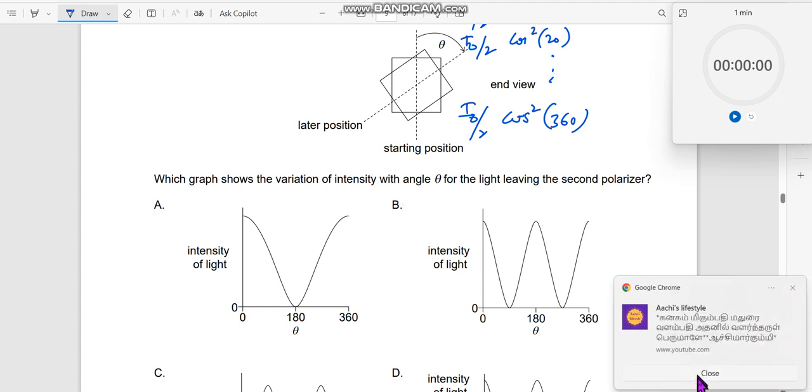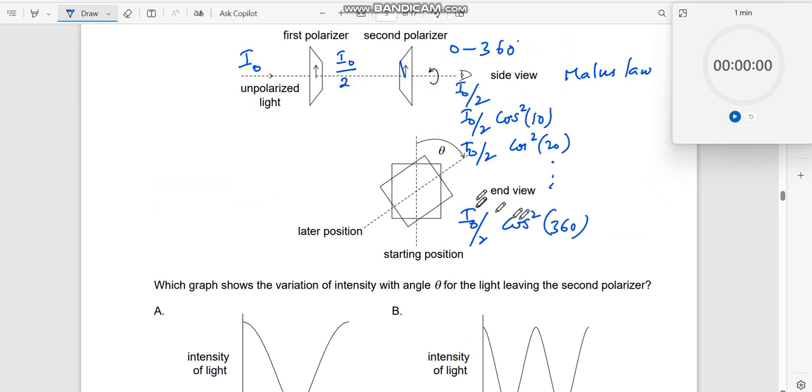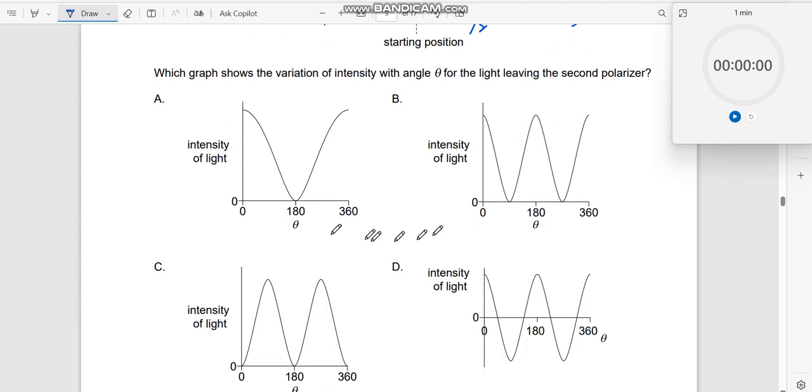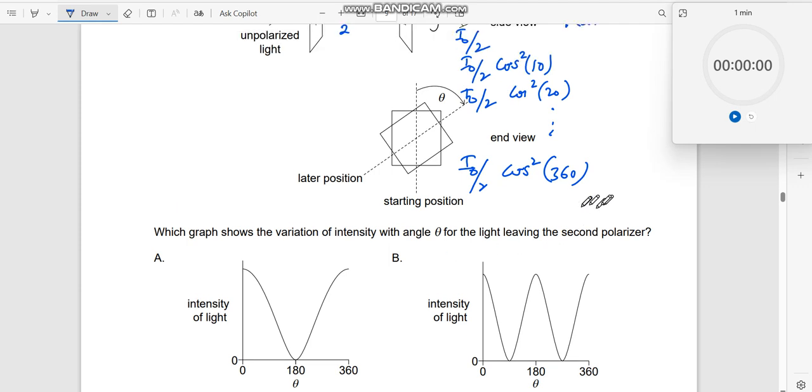Now how do we do it? The first thing is that the intensity becomes half. The maximum intensity you can get in the output is only I naught by 2. Is anything related to I naught by 2 given? No. Second, you have cos squared 360 and cos squared 0. So the intensity I naught by 2 will vary between cos squared 0 and cos squared 360.